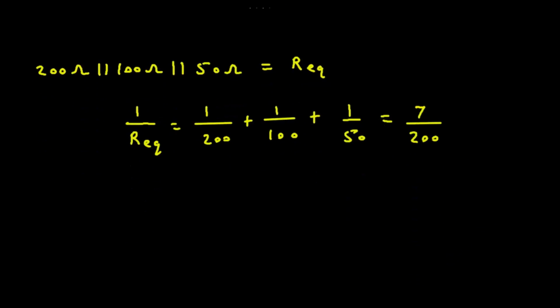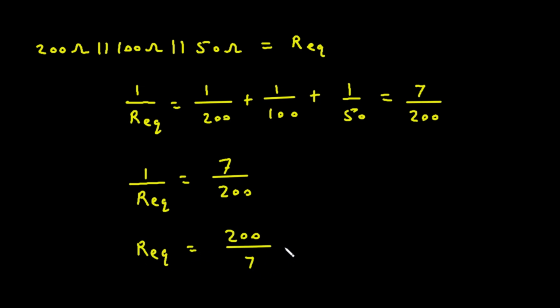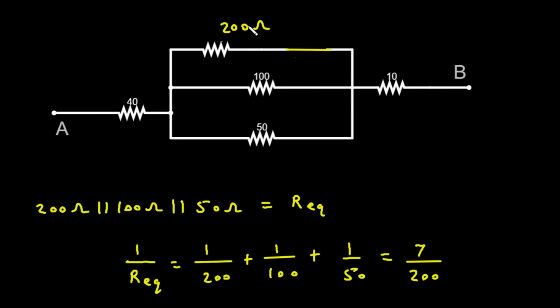Now here, this is the value for 1 upon Req. 1 upon Req is equal to 7 upon 200. So therefore, Req is equal to 200 divided by 7 ohm. So this is the value for these three resistors.